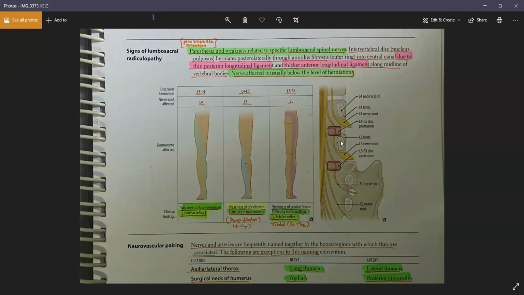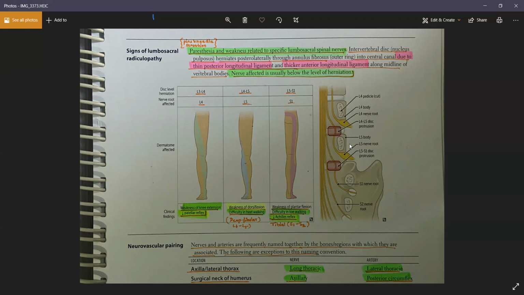Similarly, if the space between the L5 and the S1 gets narrowed because of any spondylosis, in that case the L5 will be affected first. So for a disc herniation, it is always the lower one, which means between the L4 and L5, the L5 will get damaged. In case of space narrowing because of spondylosis, the upper one will be affected, which means the L4 in case of L4 and L5. Is that okay?